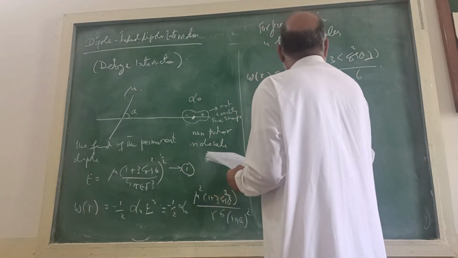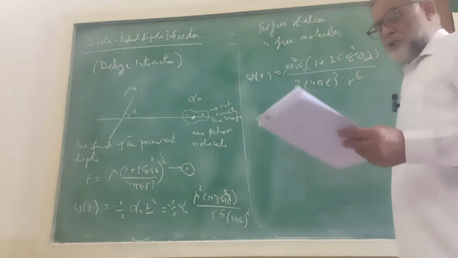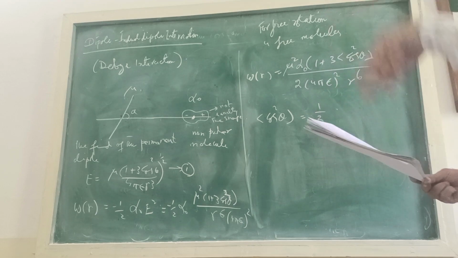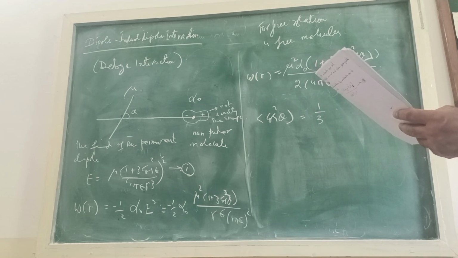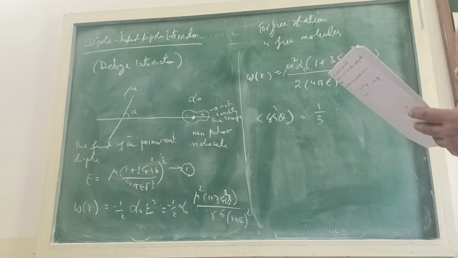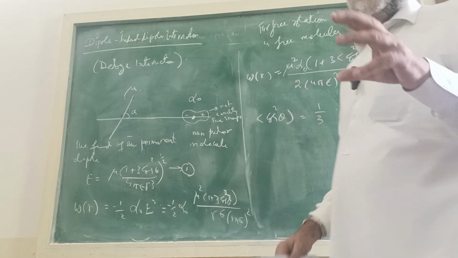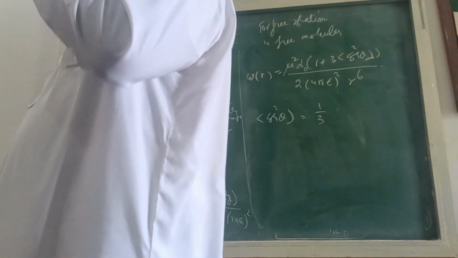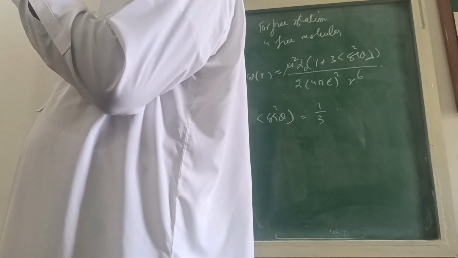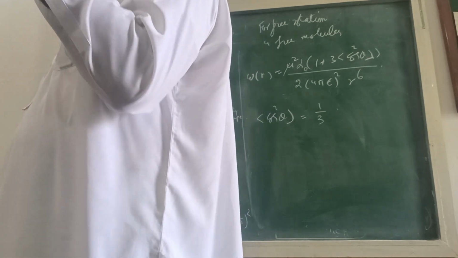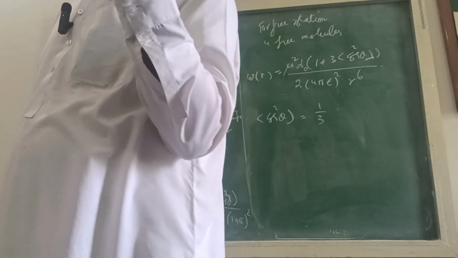The average of cos square theta comes out when we integrate over the solid angle: cos square theta, sin theta, d theta, d phi. You integrate the value of this quantity over the whole surface area, and then you divide by the total, which is 4 pi.